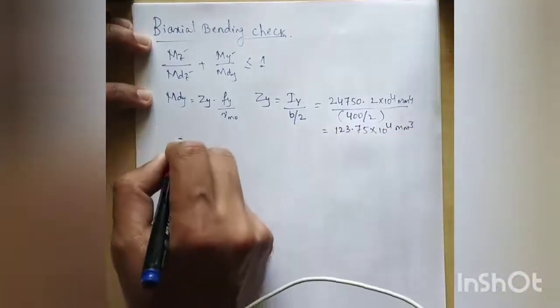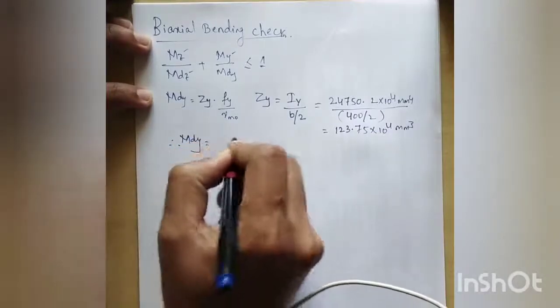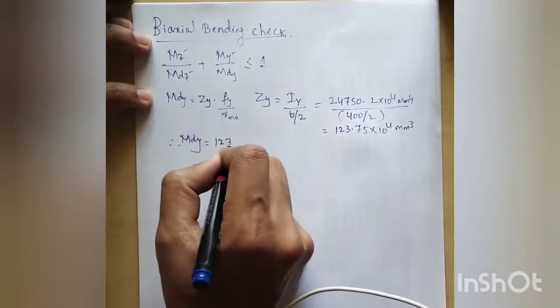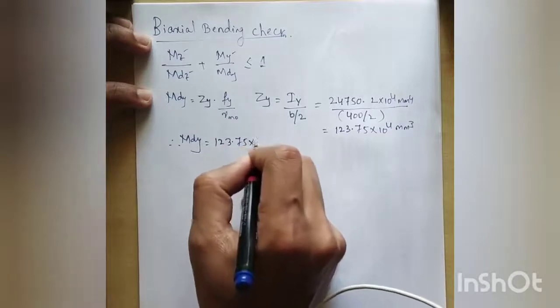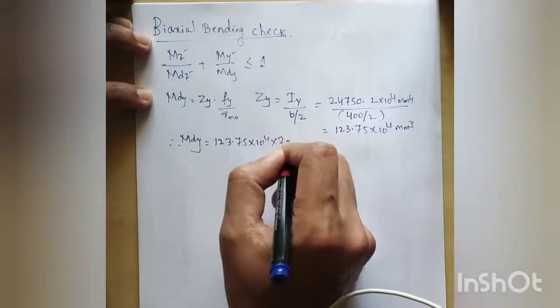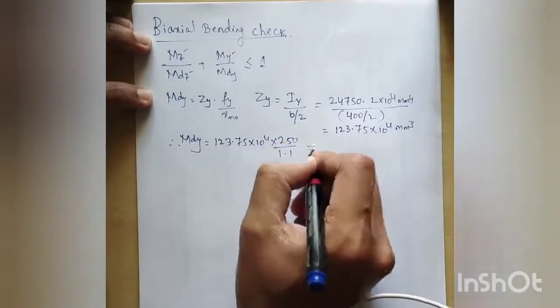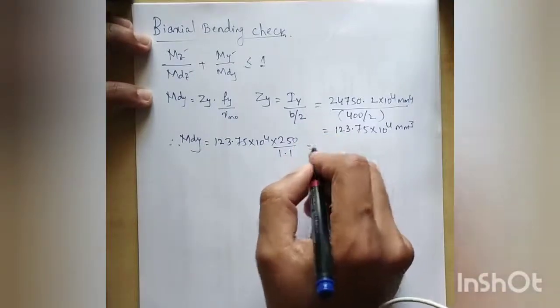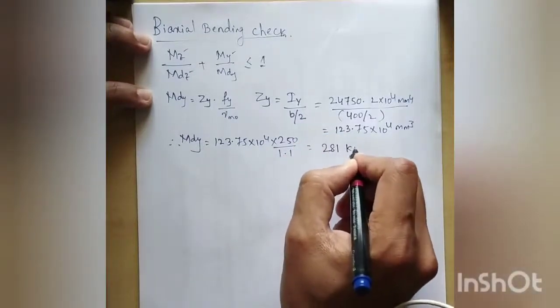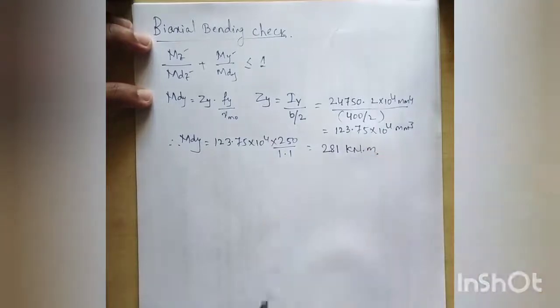Therefore Mdy is equal to 123.75 into 10 to the power 4 into 250 divided by 1.1, which you will be getting as 281 kilonewton meter.